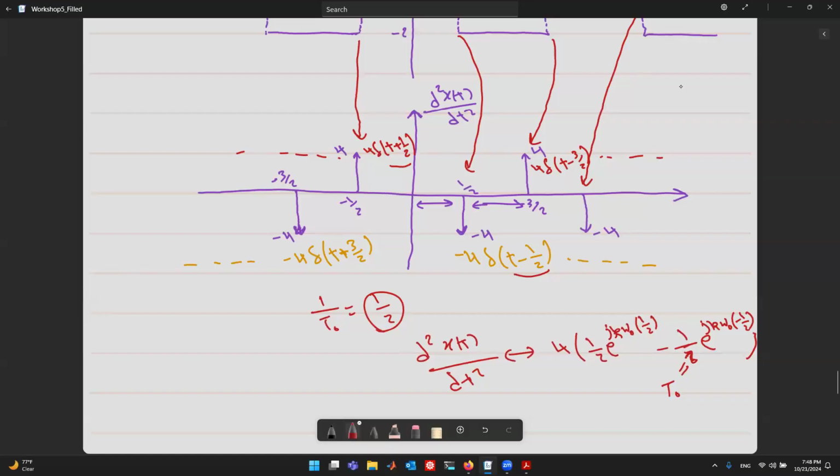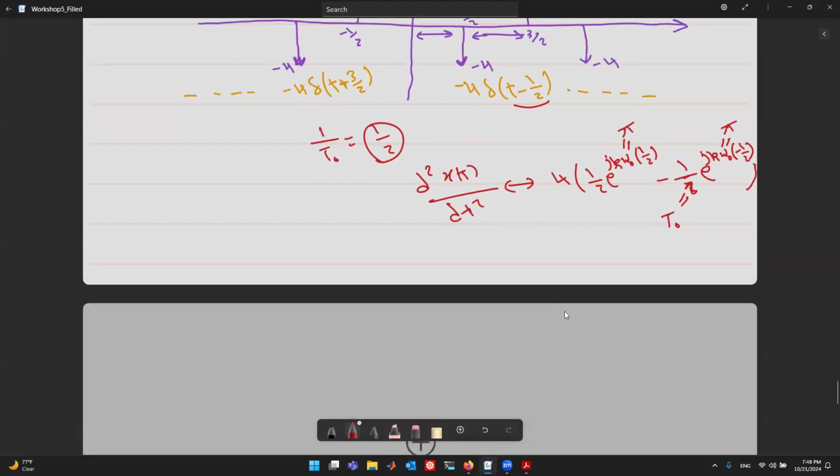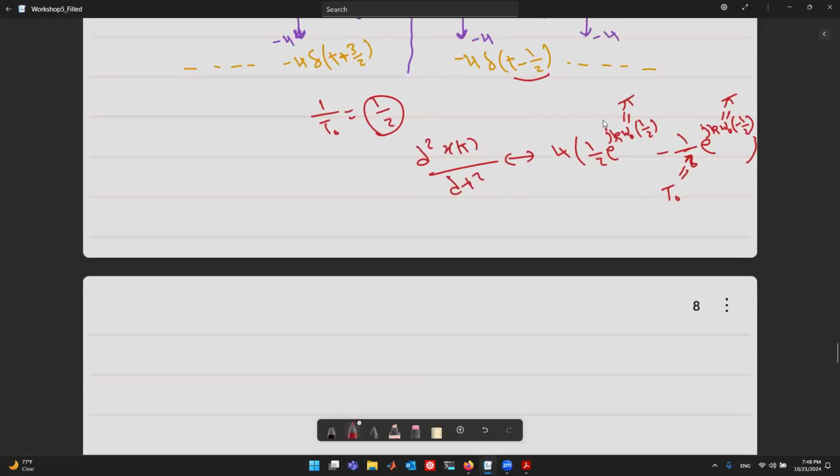And we know that omega naught is pi. The signal after doing the derivative will keep the same period and the same frequency. So the Fourier series coefficients of the second derivative of x(t) are written this way.